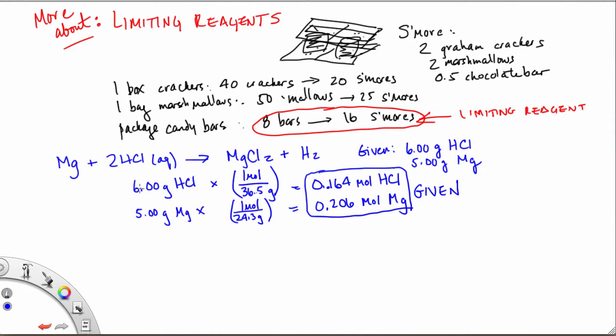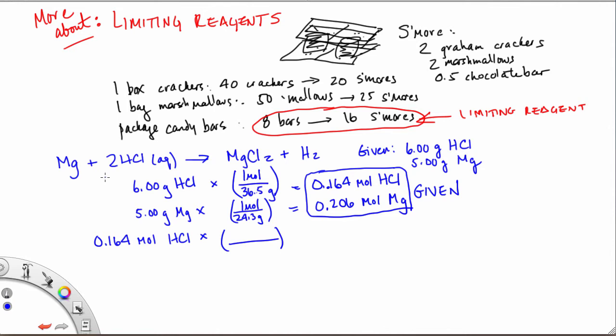So in other words, if I'm given this much hydrochloric acid, 6 grams, or 0.164 moles of HCl, how much magnesium do I need in perfect proportion, according to this recipe, to react with it? So to figure that out, I'll start out with moles of hydrochloric acid. And to find out how much magnesium I need to react, this is where I'm using my mole ratio.